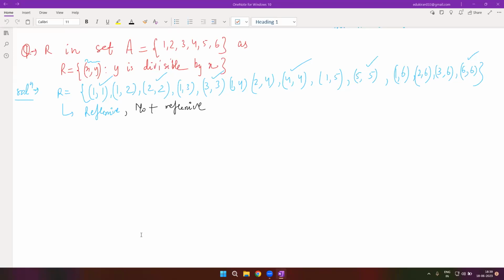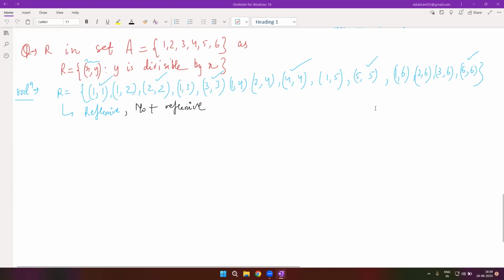Like here you have pairs 1, 1, 1, 2, 2, 2. In the last question we were solving, this was the relation, right? So here we do have all the pairs to check this, right? But in some problems, the problem will be theoretical, so you won't be able to get these paired values, right? So let's solve 2, 3 questions.